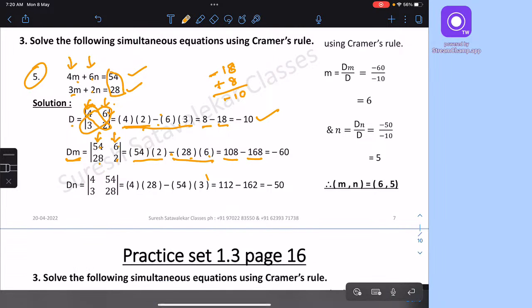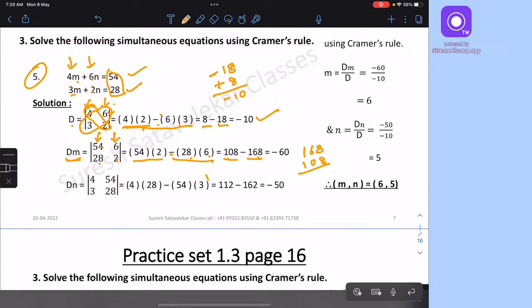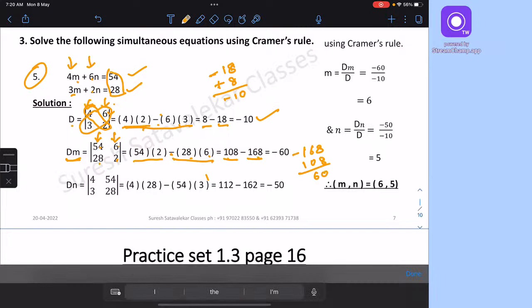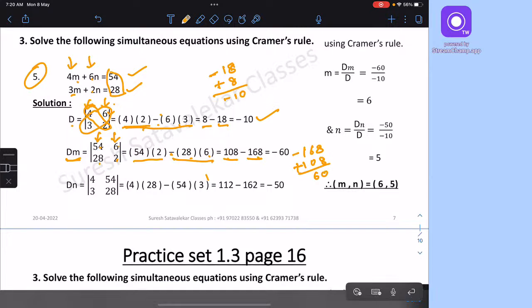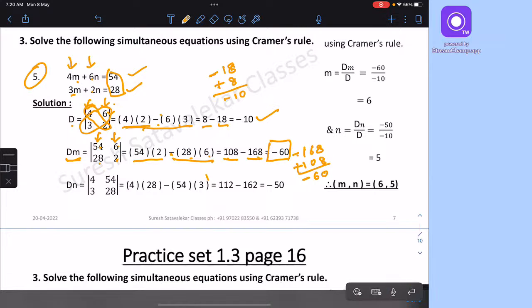Here again you will find 108 is positive, 168 is negative. So 168 is greater, 108 is smaller. You have to subtract them, so you are getting 60. And since 168 is negative, 108 is positive, the sign of the greater is negative, so answer is minus 60. That is why you have got minus 60 here.